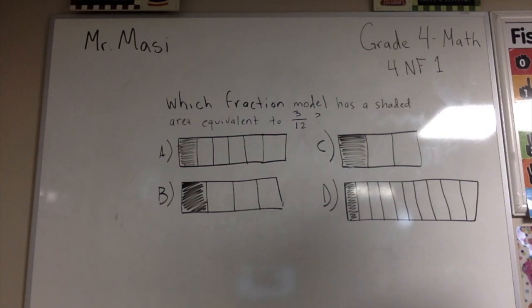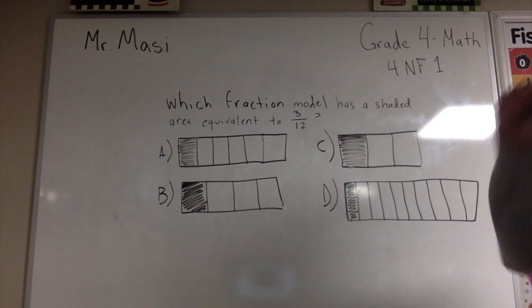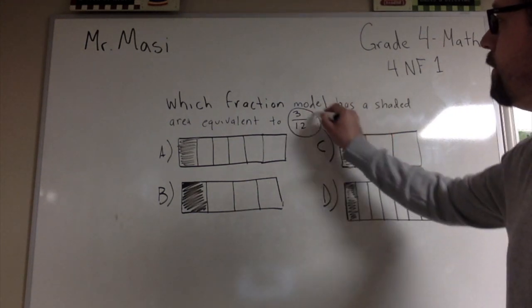Which fraction model has a shaded area equivalent to 3/12? Okay, so I have my choices A, B, C, and D. So the first thing I want to look at is I definitely want to see what this 3/12 is.